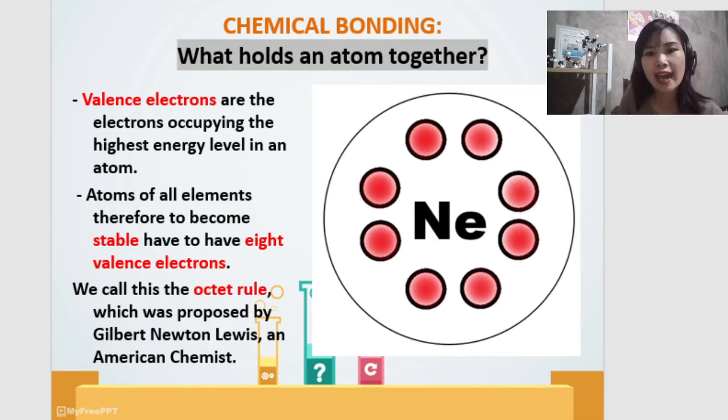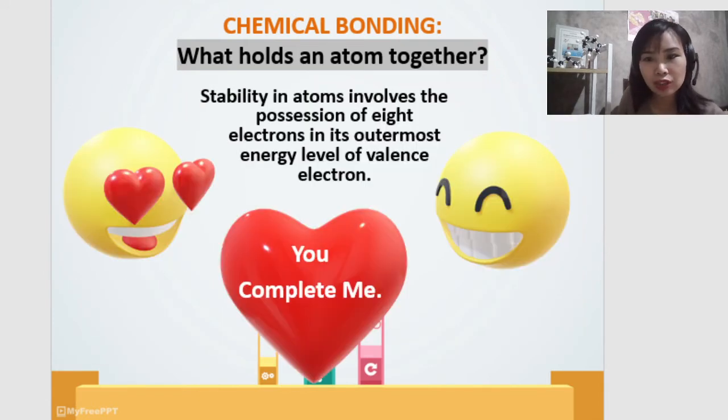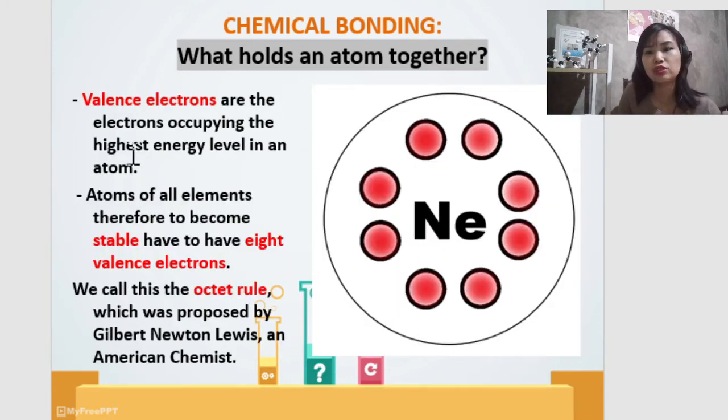So let's have this kind of okay, no? Words with possession of eight electrons. Now, try to check the valence electrons. Remember this particular diagram. If you can remember in our Lewis dot symbol, these red colors are our valence electrons, and they are occupying the highest energy level in an atom.